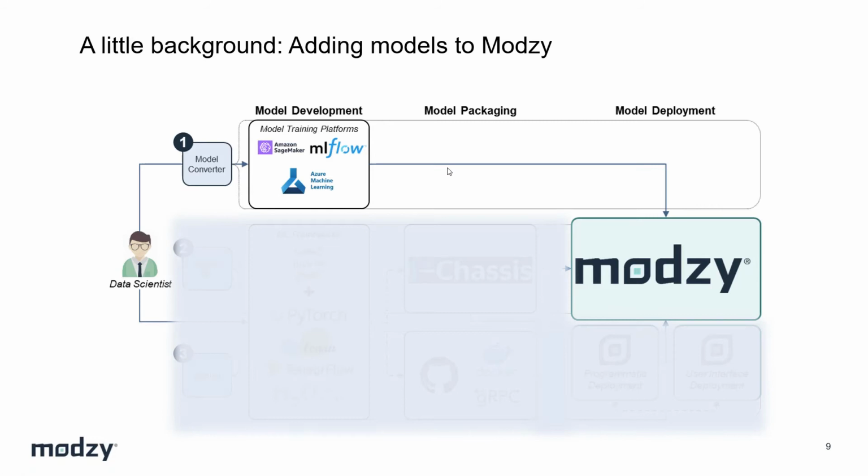But what we're going to showcase today is the model converter service, which is the idea that if you've used one of these 3 very common platforms, SageMaker, Azure ML, which is the SageMaker equivalent, or MLflow, you can just take those raw outputs, stick them into our converter service, and you'll get a fully deployed model in Modzy.